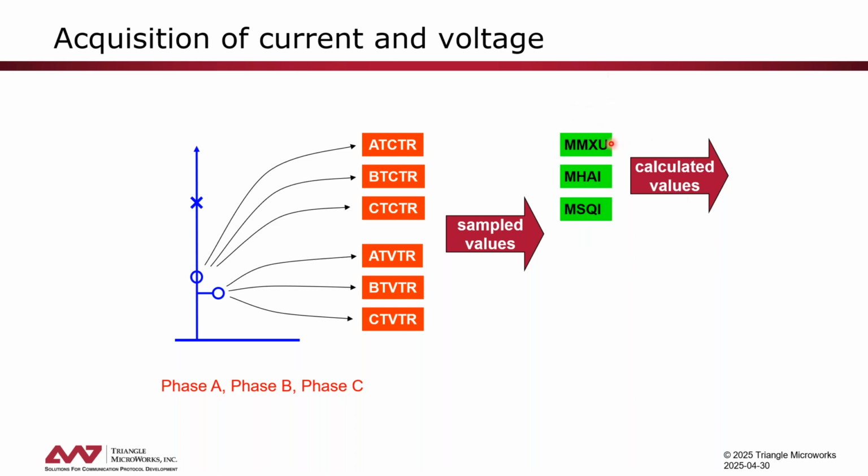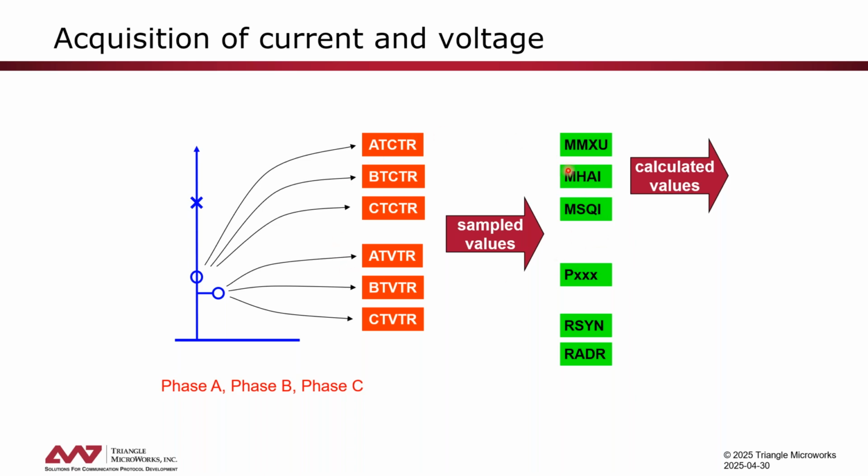As an example, we can calculate our RMS values in the logical node MMXU. We can also calculate harmonics, sequence information. But also protection functions are using these sampled values to perform the functionality. So any kind of protection element or also protection related logical nodes can use this information.